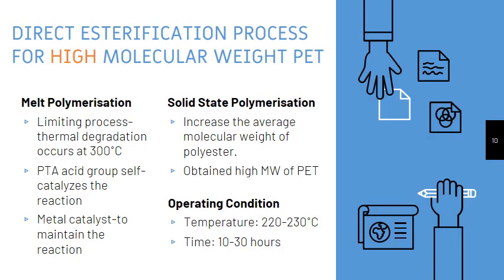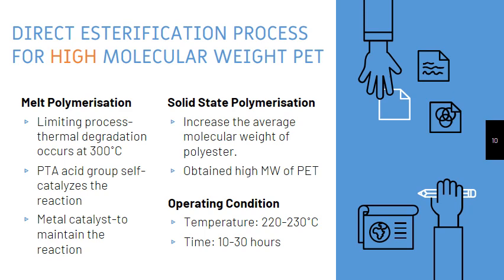The first process, direct esterification, is for high molecular weight PET. The BHET first undergoes melt polymerization, which is a limiting process because thermal degradation could occur at 300 degrees C. However, luckily the PTA acid group self-catalyzes the reaction until the concentration decreases.